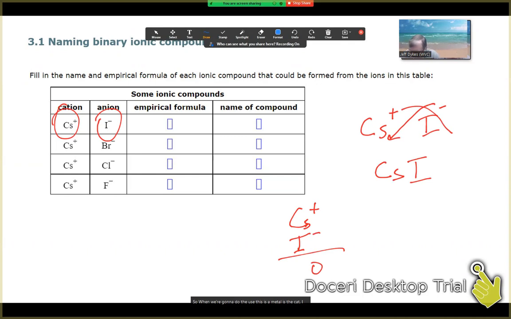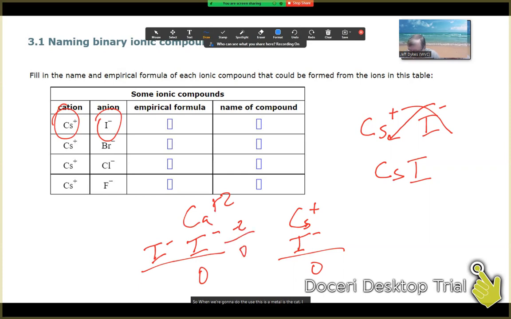Whereas if we had something else like a calcium and an iodine that was +2, and this is -1, we would have to have 2 of these -1s to add up to a 0. So +2, and then adding that to -1 and a -1 is -2. That equals 0.